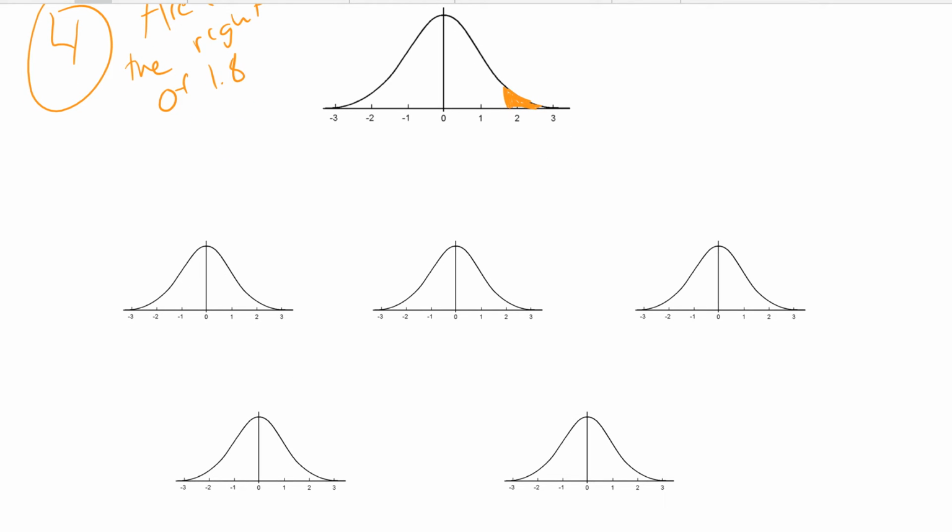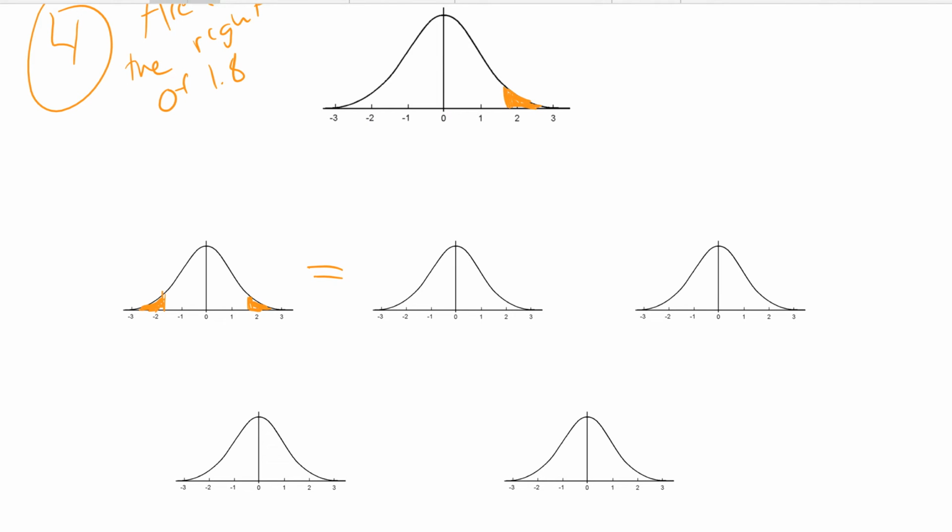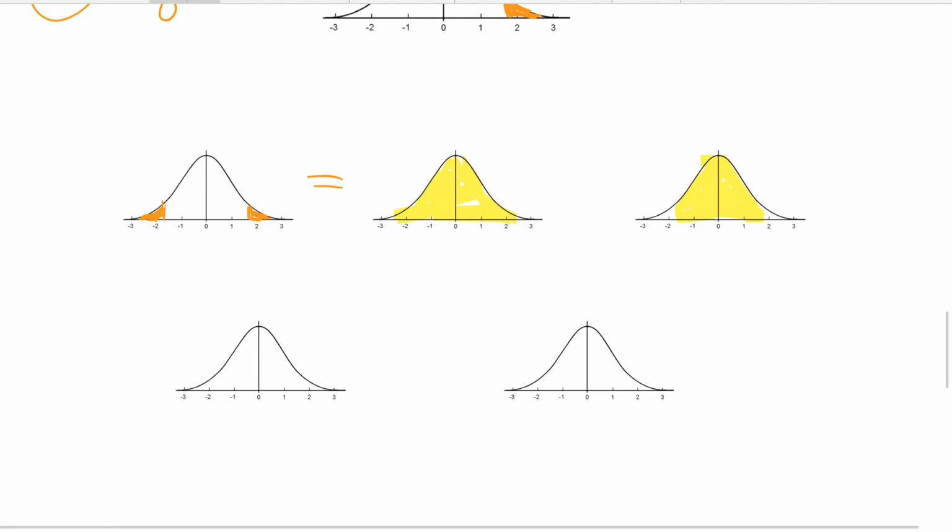How do we find this area? Well, it's a little more complicated than what we've seen before. Let's first find the area outside of negative 1.8 and 1.8. That's equal to the entire area under the normal curve minus the area between negative 1.8 and 1.8.